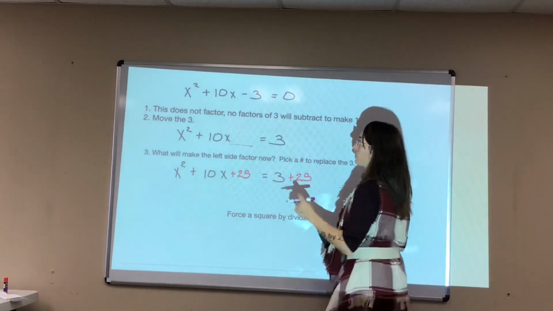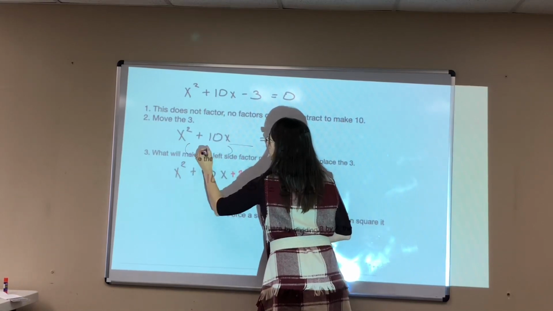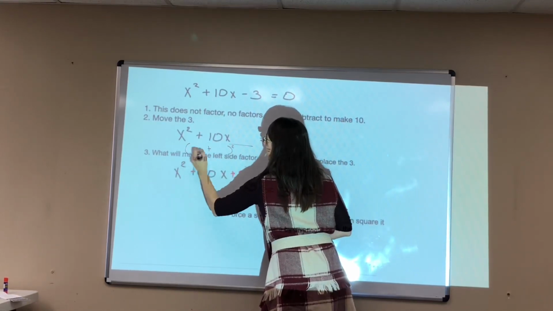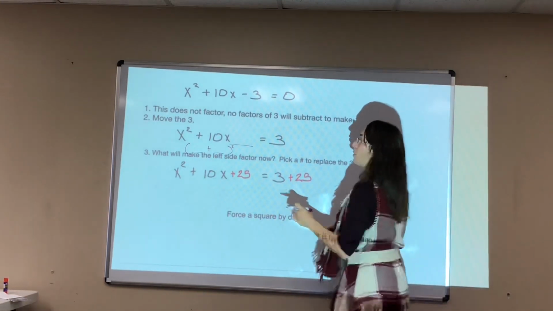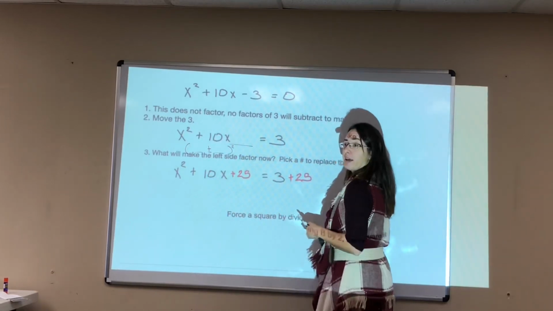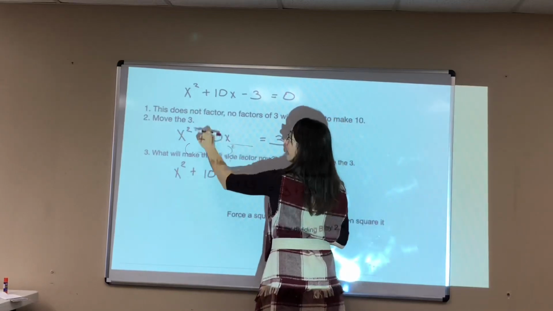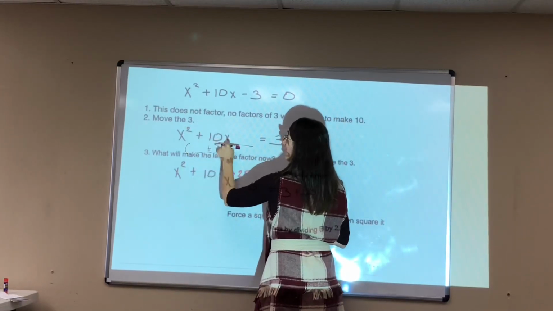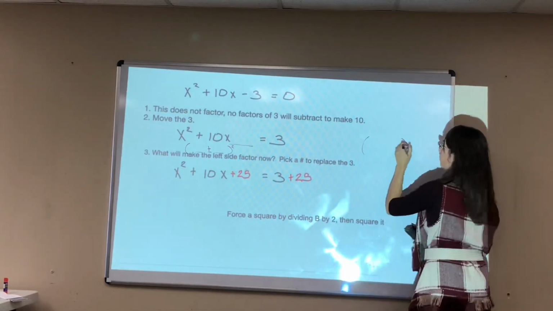Yes. Now, I want to turn this guy into this form. I want it to be an x plus or minus a constant that when I FOIL it out, I get x squared plus 10x plus something. So let's think through.